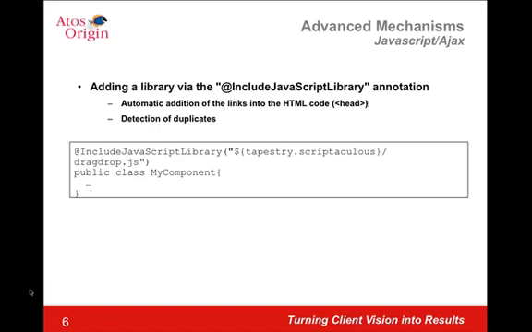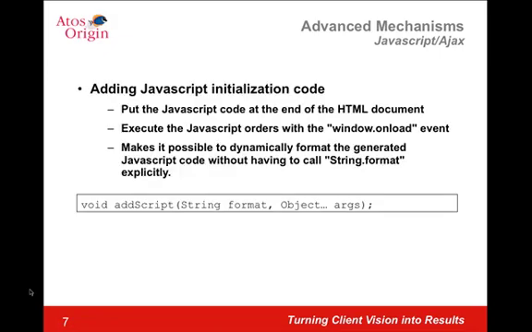The Tapestry script is a Tapestry constant. You can declare your own constant in your IOC module and use it in the same way. The addScript method allows us to add some JavaScript initialization code. It will put this code at the end of your HTML document and execute it at the window onload event.